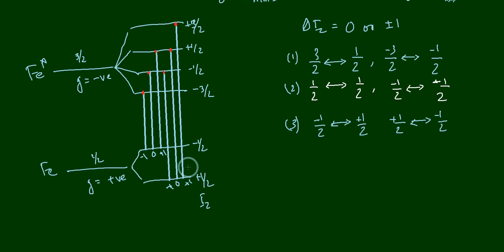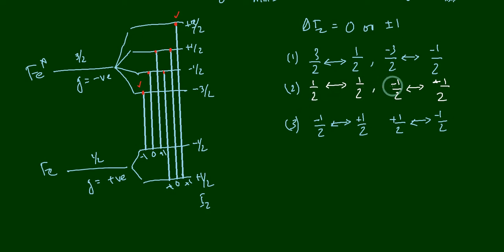Now, if we look into the probability of these transitions, the calculations show that the two members in each pair will have the same probability. If you take the first pair, both members will have the same probability. This transition and this transition will have the same probability.